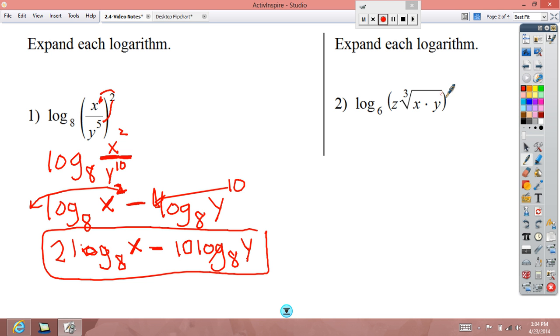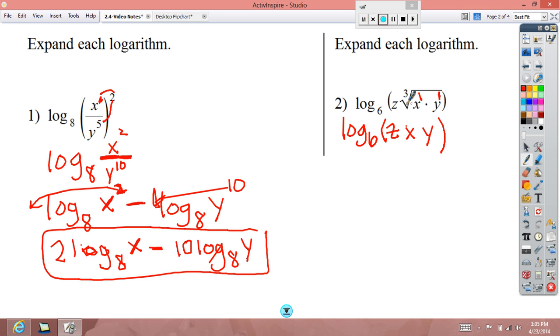I have this third root. If you remember, this third root is only over x and y. And if you remember, I also could have my exponents here, right? So in order to evaluate this, I need to change this not into a root, but into exponents. So I'm going to have log base 6 of z, and I have x and y.